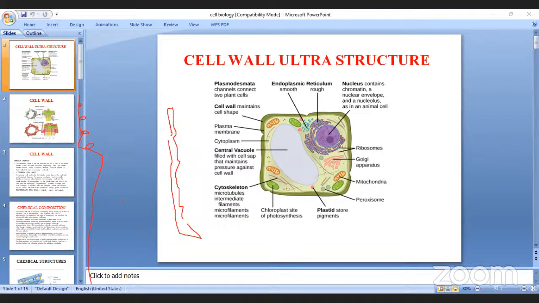The same, short and thick, is called chromatid. It is the same structure, but in different stages of cell division, prophase, metaphase, anaphase, it appears like this.